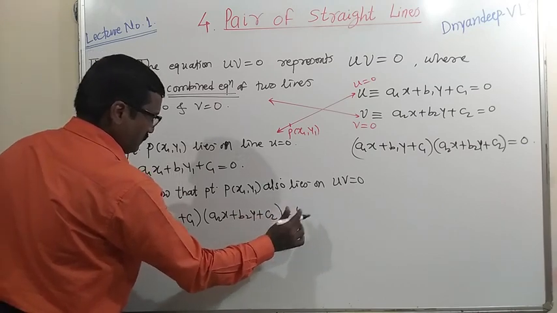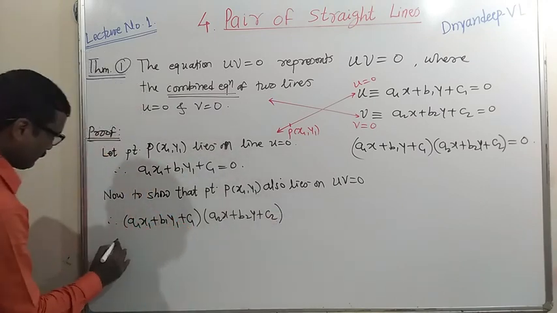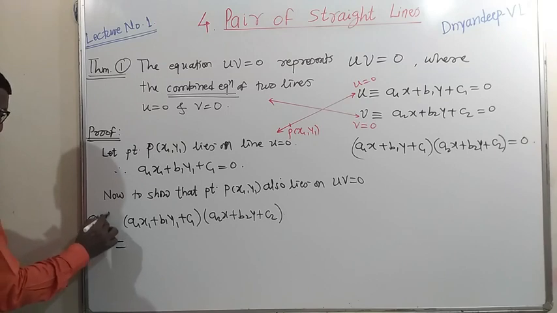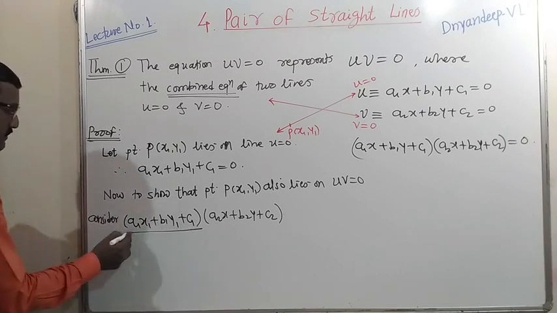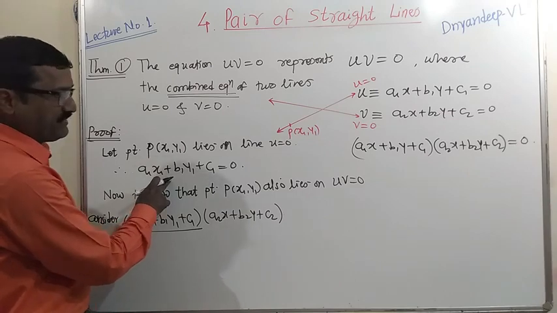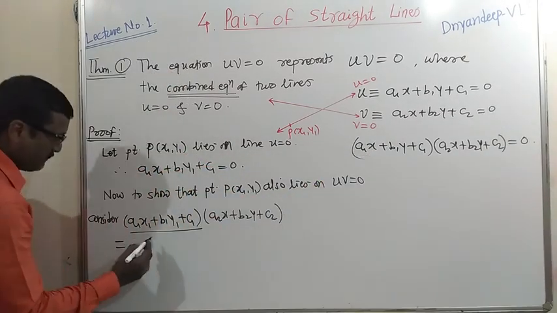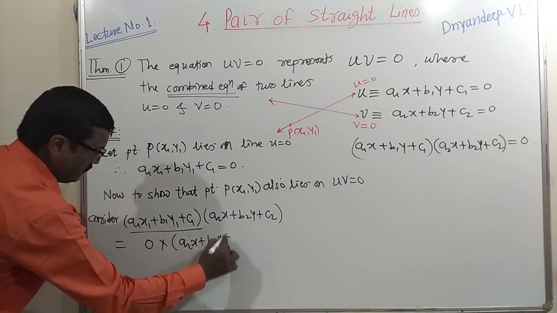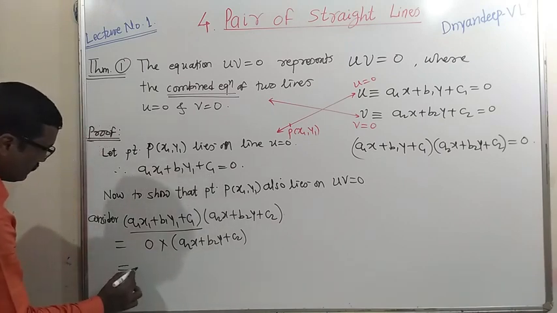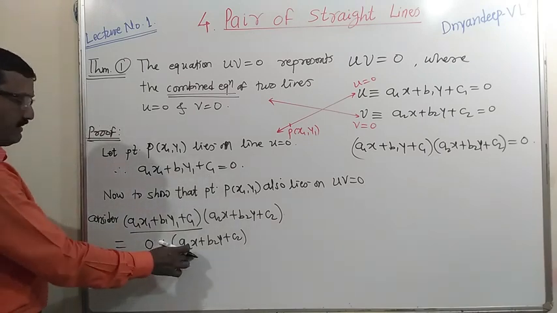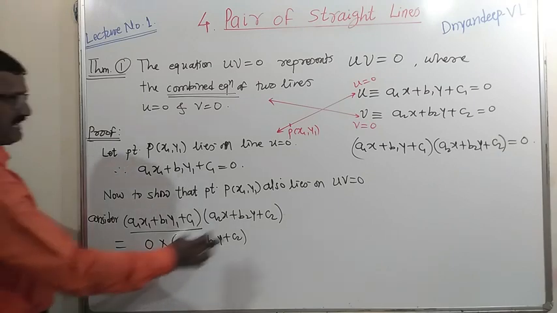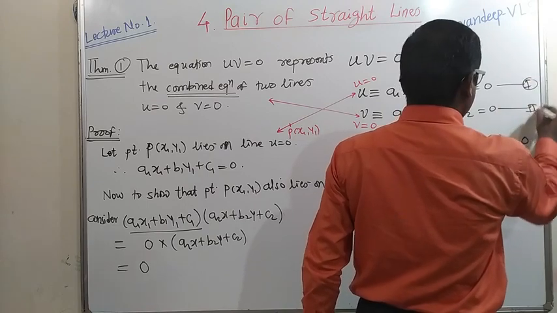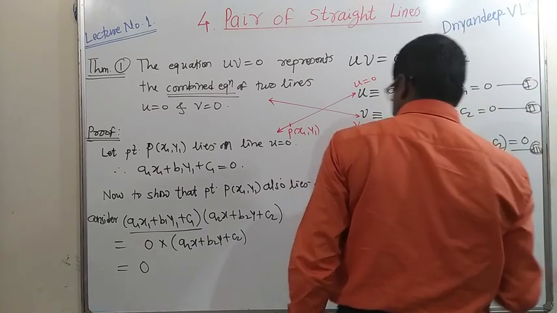But the first factor is equal to 0 because P lies on the first line, so it satisfies the equation of the line. So we get 0 into (a2x plus b2y plus c2), and the overall result will be 0 into this number, which is 0. Let us call these equations equation first, equation second, and equation third.